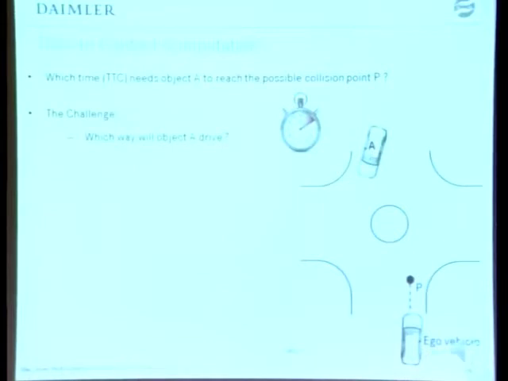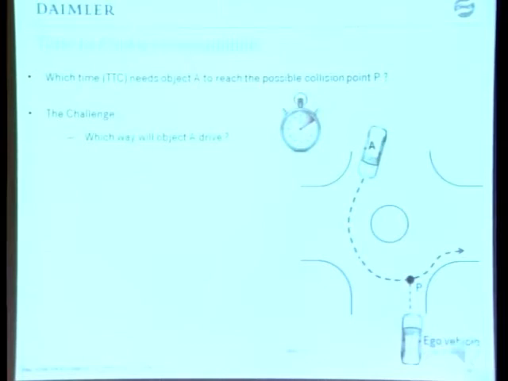The challenge is that we don't know which way object A will drive, and there are many possible driving paths. The car could take the first exit or could drive to this point, and this is a very dangerous point, because it's very hard to decide if the car will leave the roundabout or will pass a possible collision point.